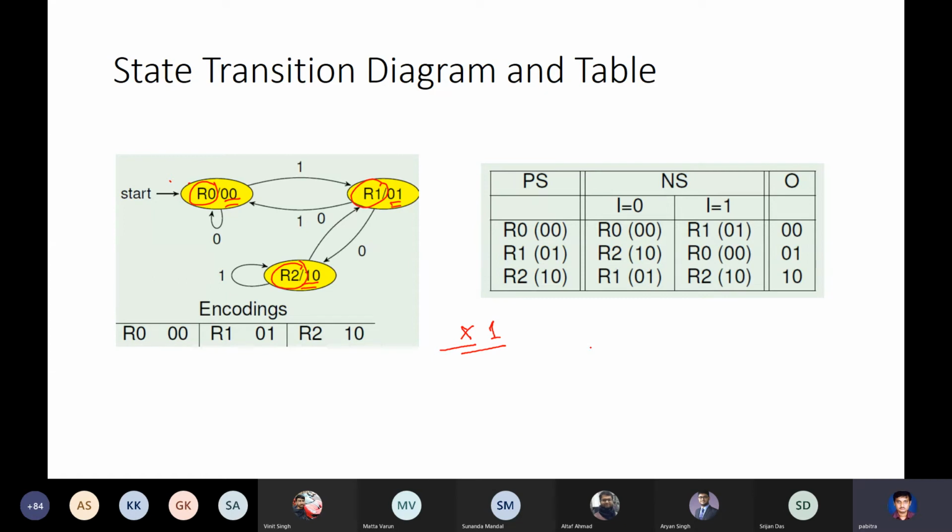You draw the 4 Karnaugh maps. They are simple. It will not take much time. First, copy this transition table and the diagram. Then it will be easy to make.